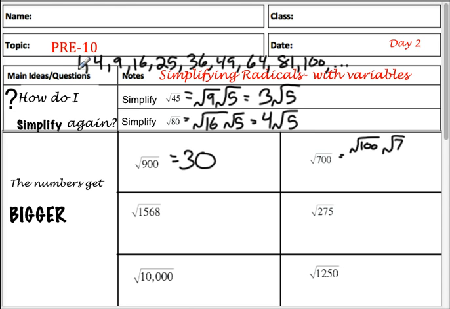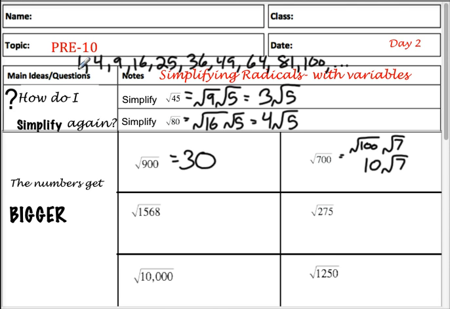It is 100 times 7. And when you do that, well, square root of 100 becomes 10. So we just get 10 square roots of 7. So multiples of 25, multiples of 100, typically easy to see.